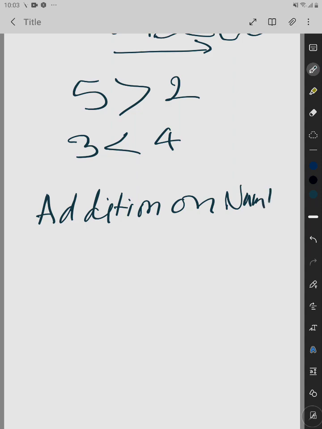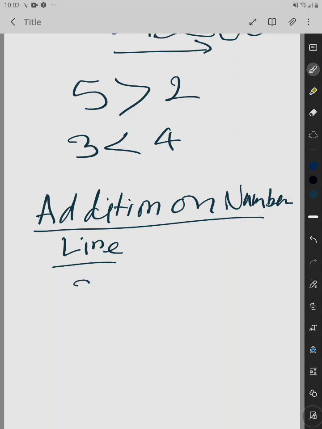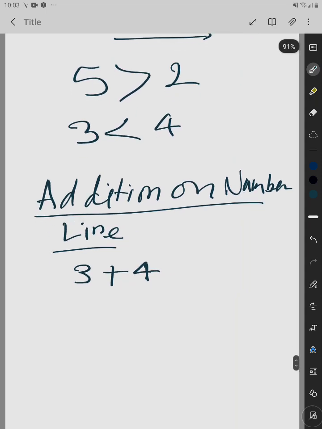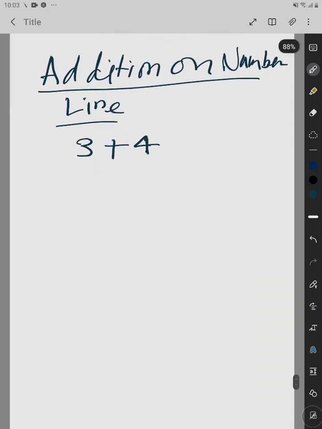But first of all we will tell you the concept here, so that it is very clear to you. For example, we need to add 3 and 4. So how will we add here?